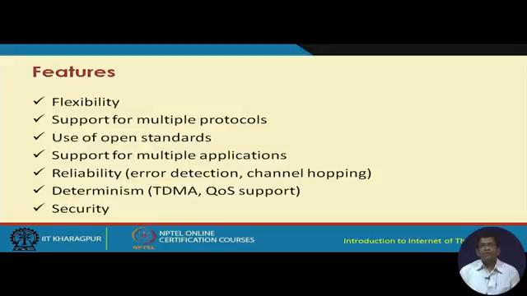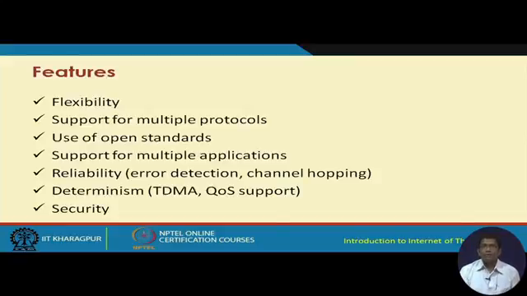QoS guarantees are very important because this is what basically ensures determinism. TDMA, we understand, has predefined time slots, so people know what is going to happen next. QoS guarantees are important because we need to know that at least this is what is going to happen in the future by running this particular network using this standard.